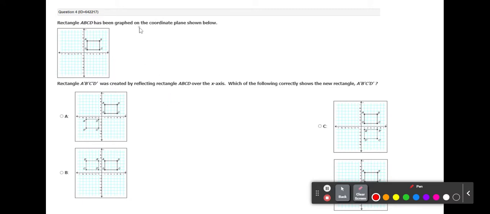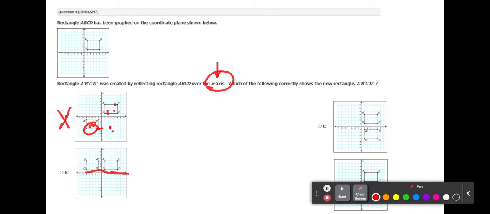All right, ABCD has been graphed on the coordinate plane. It was reflected over the X. Which one shows the new ABCD over the X axis? So the original ABCD here is this one, and this figure got reflected maybe twice, like over the X and over the Y. So that's definitely not just over the X. This is the X axis.